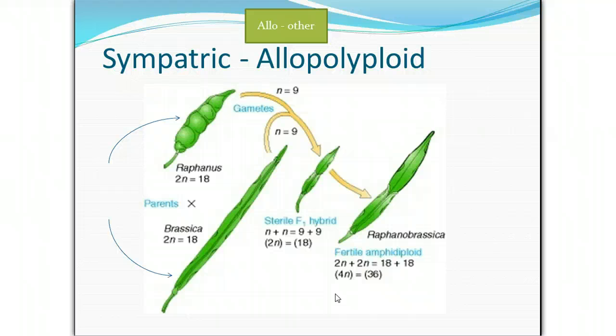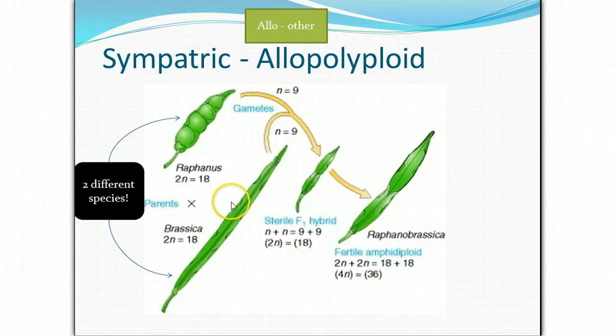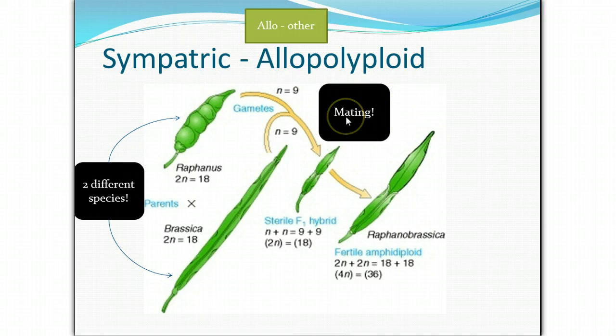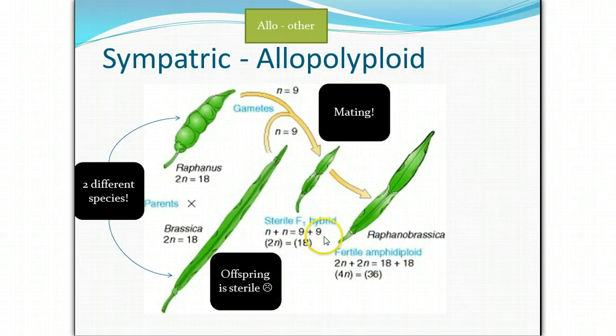Within the plant, there was an error in cell division. Here we're talking other. So what's happening is there's two different species and they somehow mate. Their offspring, which we call a hybrid, is sterile.